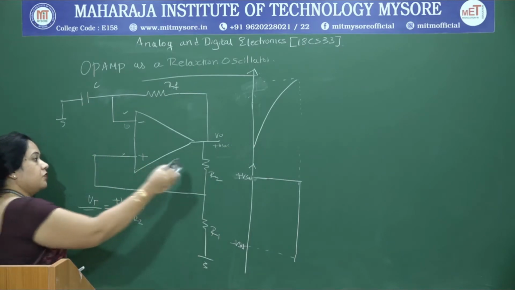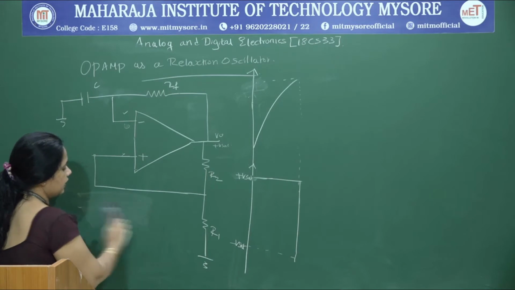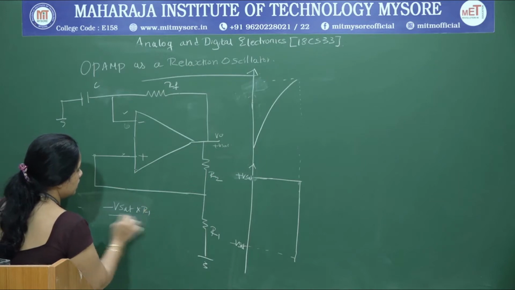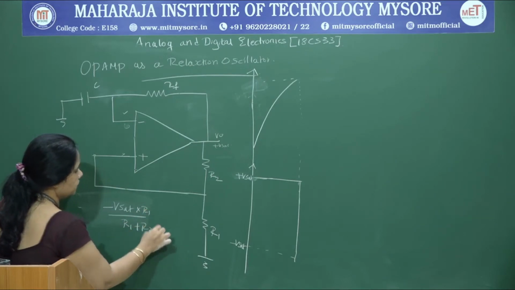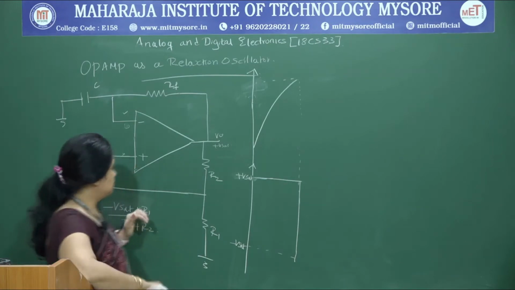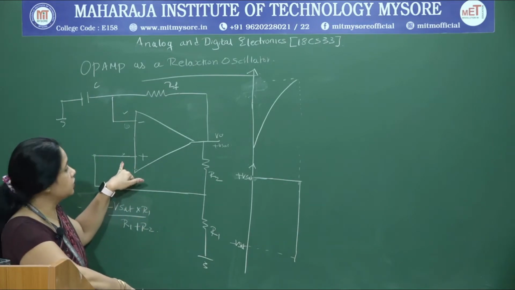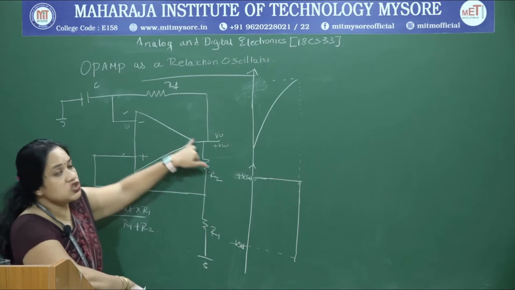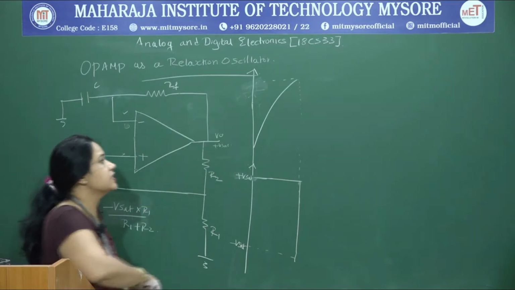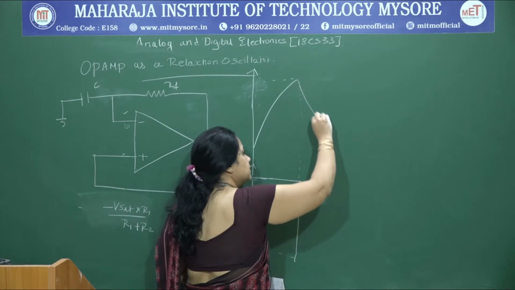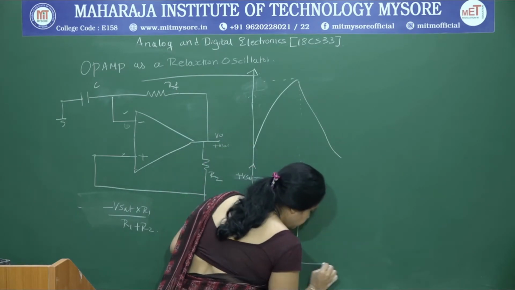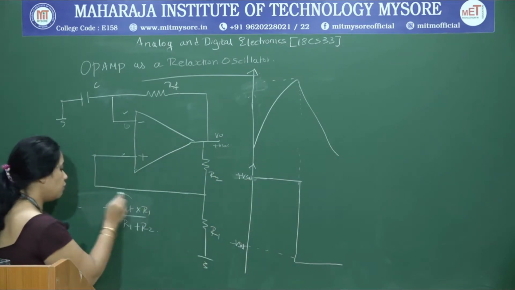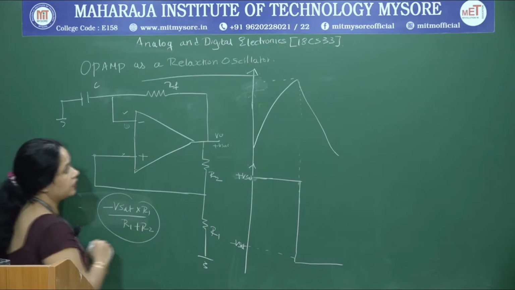Now, with minus V sat, the reference voltage happens to be minus V sat into R1 divided by R1 plus R2. Now we have a negative reference voltage at the positive terminal, and the capacitor starts discharging through this resistance. The output continues to be in negative saturation till the capacitor voltage falls below minus V sat into R1 divided by R1 plus R2.